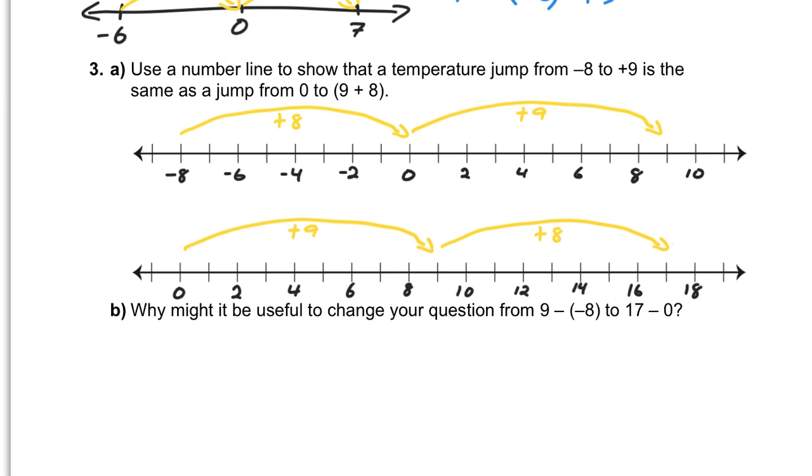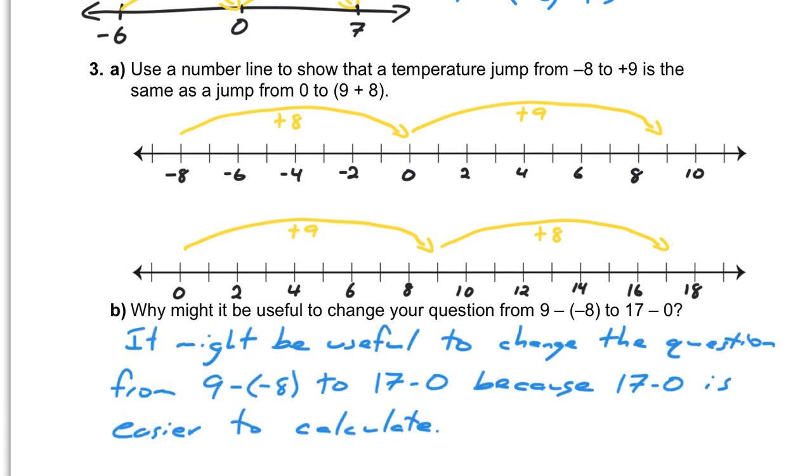And this has a lot to do with why it asks the next question. Why might it be useful to change your question from 9 minus -8 to 17 minus 0? Well, I might say something like this. It might be useful to change the question from 9 minus -8 to 17 minus 0 because 17 minus 0 is easier to calculate. In a way, asking 9 minus -8, which is what this is asking, right?